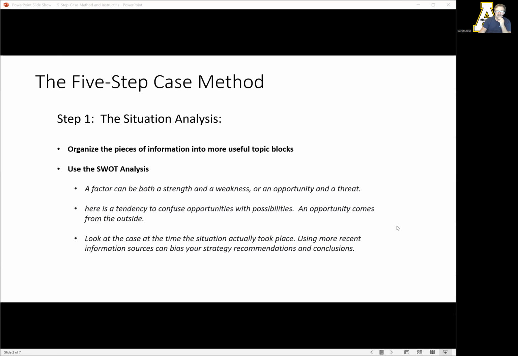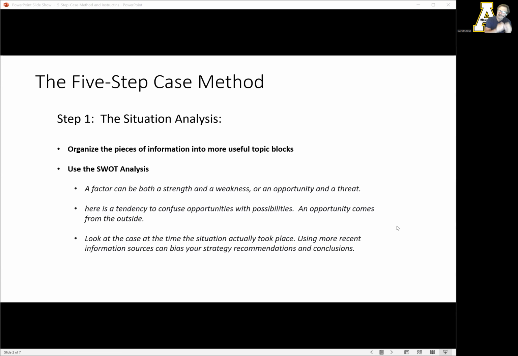The next is, remember to organize your information into useful topic blocks. Use the SWOT analysis. I would do this after you've read through the case the first time. This is when I would start building your SWOT analysis. You might ask each group member to build their own and then bring them all together. A factor can be a strength and a weakness, or an opportunity and a threat. And there's a tendency to confuse opportunities with possibilities.